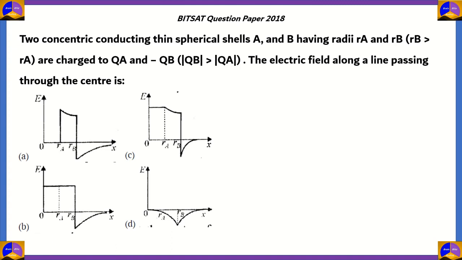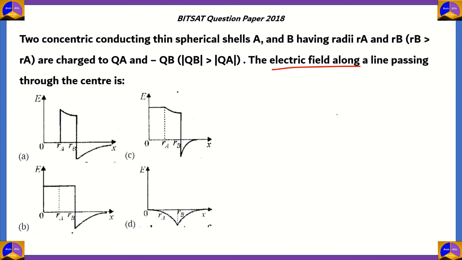So charge on A is positive, charge on B is negative, and the magnitude of B is greater than the magnitude of charge of A. So we need to find out the electric field along a line passing through the center.